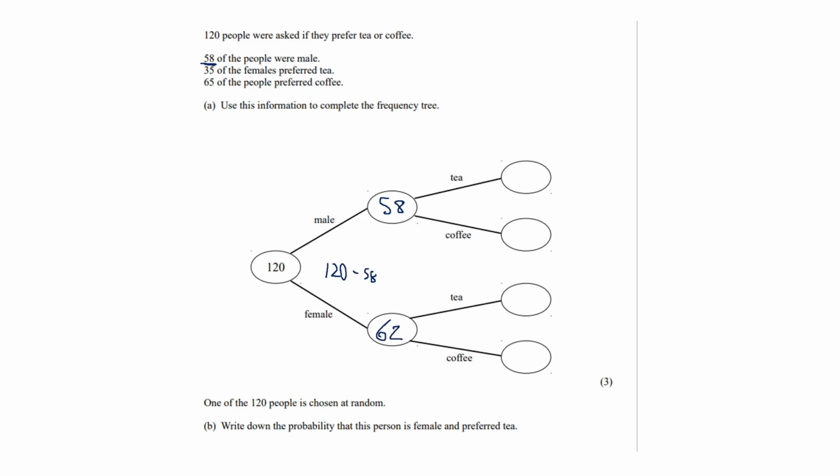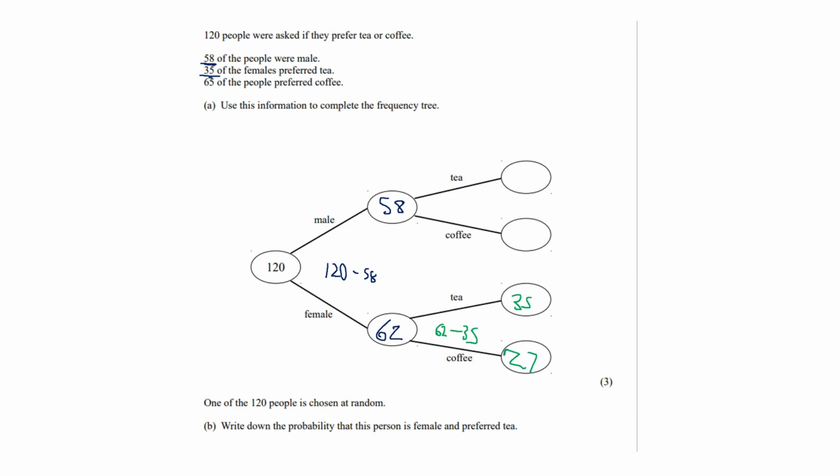Okay? Now, 35 of the females preferred tea. So let's put that down. 35 preferred tea, which means how many preferred coffee? 62 minus 35 is equal to 27. Okay?